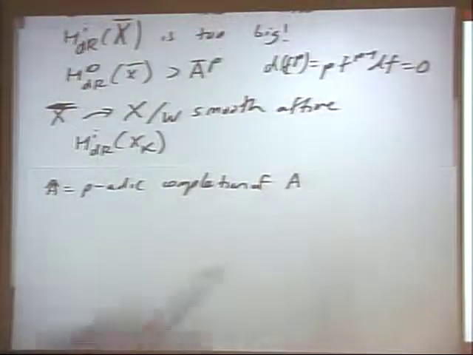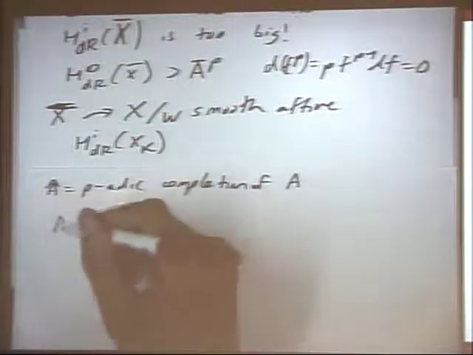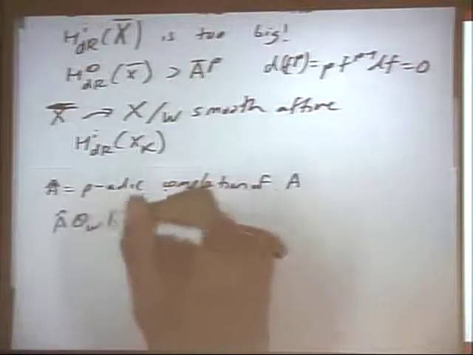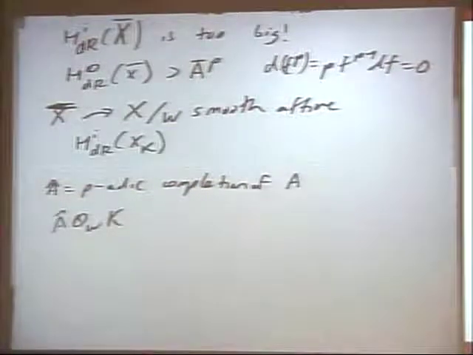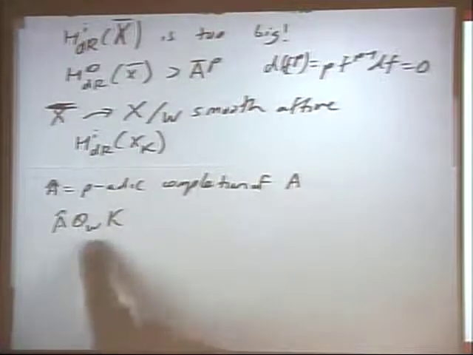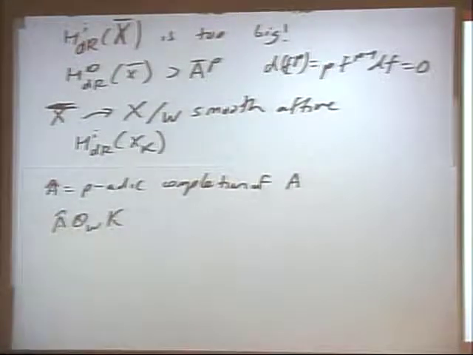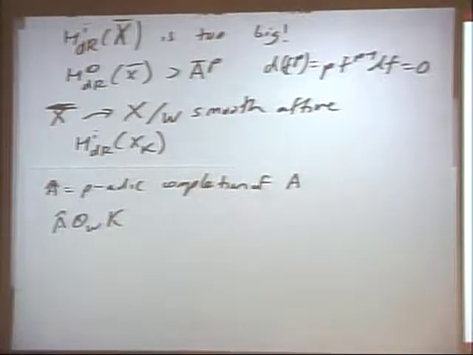So A hat, if you extend scalars to K, you get back an affinoid algebra. And so you can think about this affinoid space and say to yourself, well, is this a good thing to work with? Does the cohomology of this mean something useful? And the answer is, it means something, but it's still not really what you want.